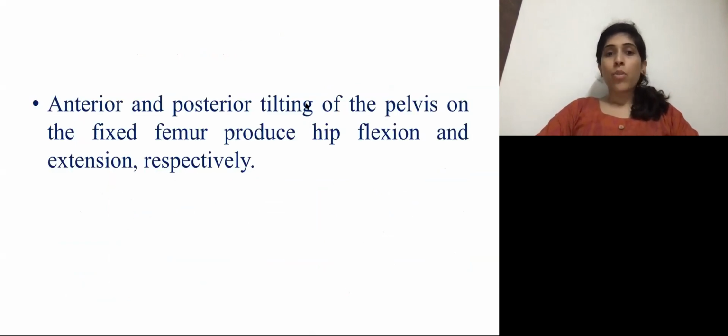Anterior and posterior pelvic tilt occur on a fixed femur, so they can produce hip flexion and hip extension motion respectively.